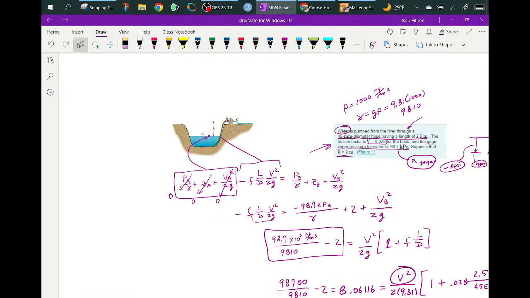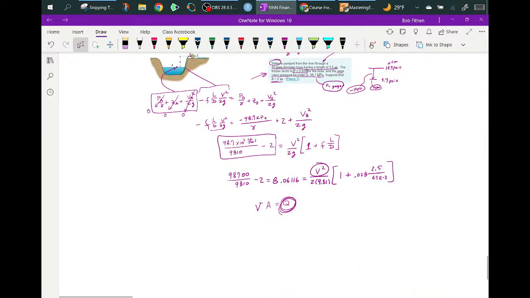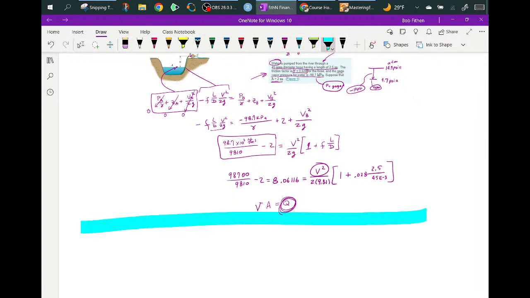Let's look at the next one. Hang on, just let me get the picture and the statement. So what I'm going to do is go down under here and get myself a picture and a statement.